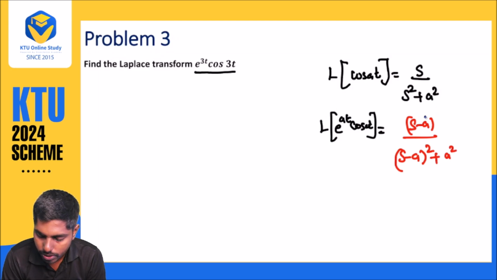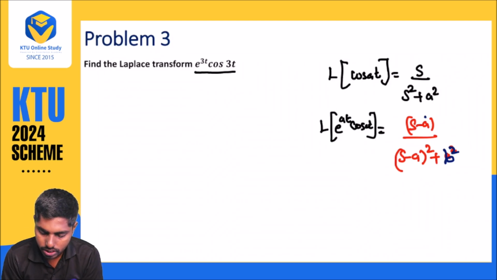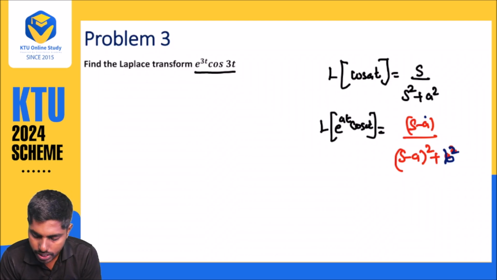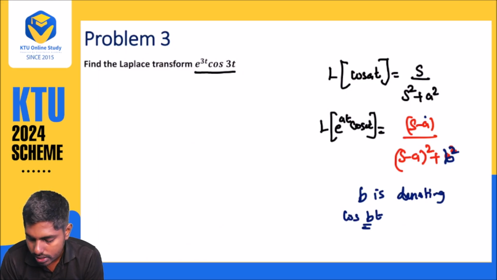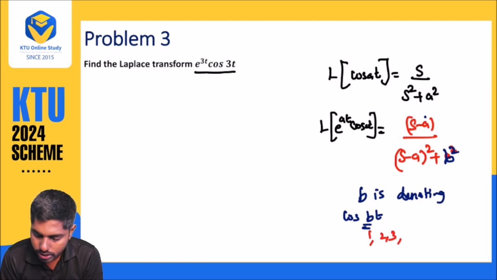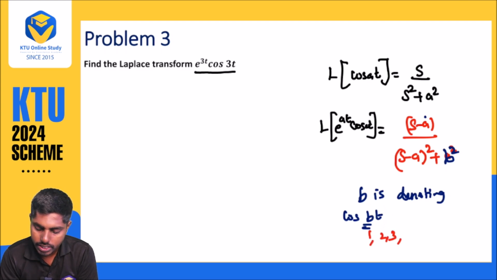Here we will write b square because of changing of representation. This b is denoting the cos b value. Here it can be 1 or 2 or 3. If it is same, no problem. Sometimes it may vary. That is the reason I am putting a different representation, b square.